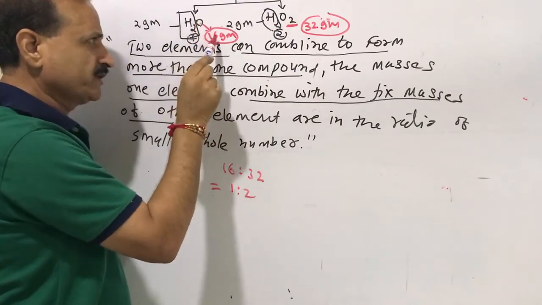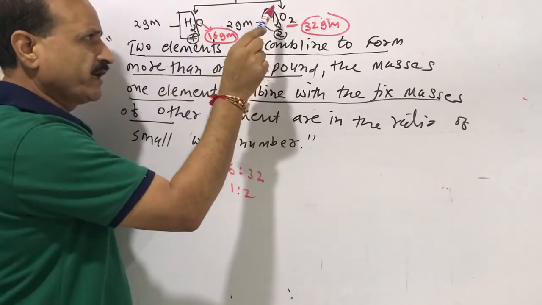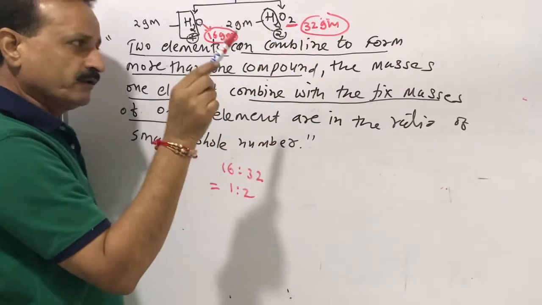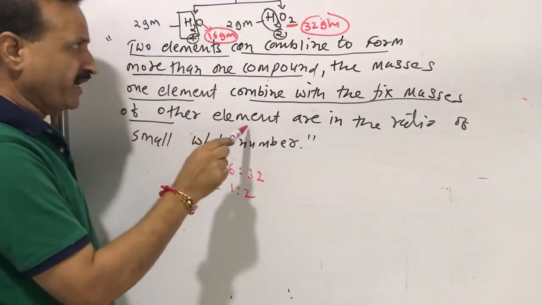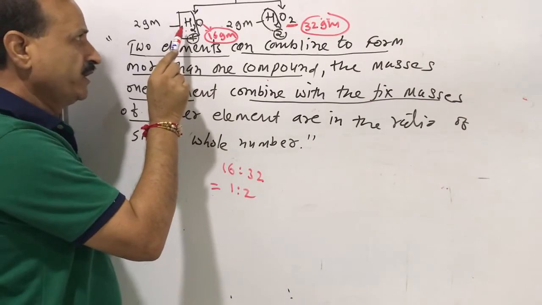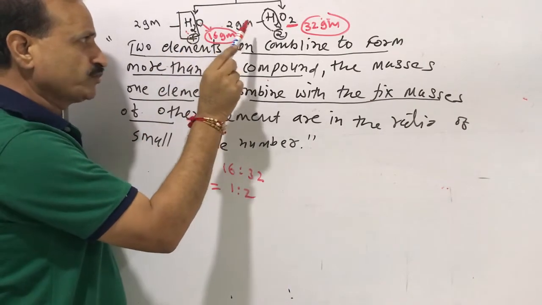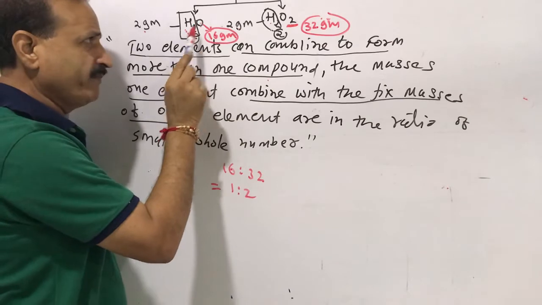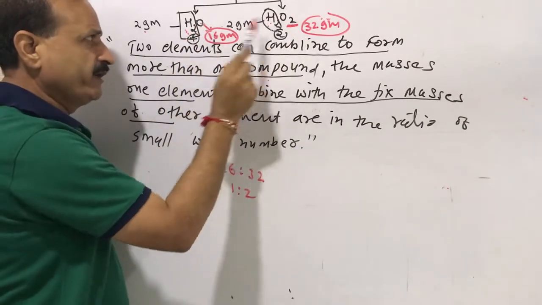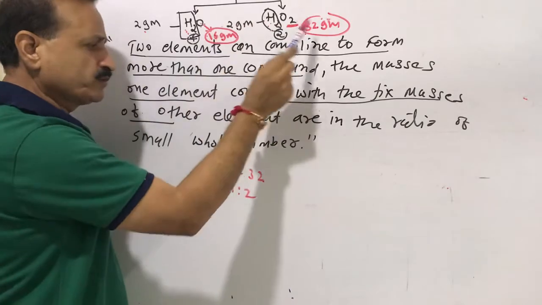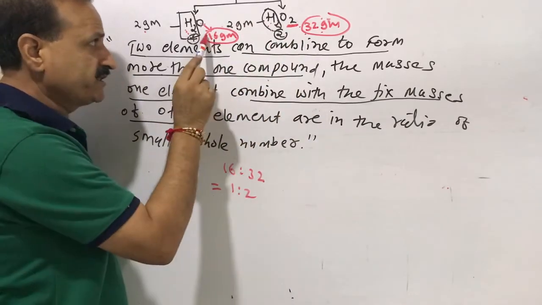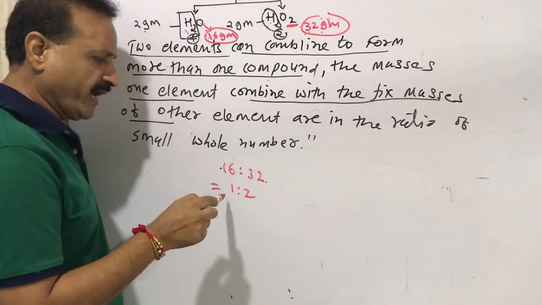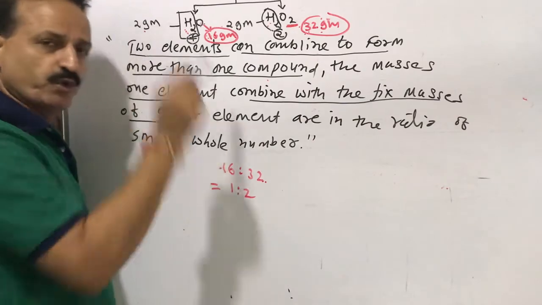Here is only one oxygen, so the mass of oxygen is 16 gram. Here are two oxygen, so the mass of these two oxygen is 32 gram. With the fixed mass of the other element, H2 in H2O is 2 gram, and H2 in H2O2 is 2 gram. So one element has fixed mass, the other element has different mass, which can be shown by simple whole number. It is 16:32, which can be shown by small whole number, 1:2. Cleared.